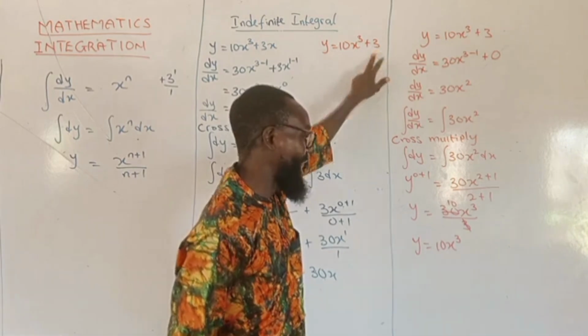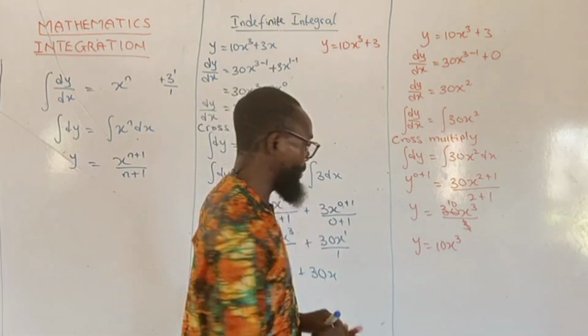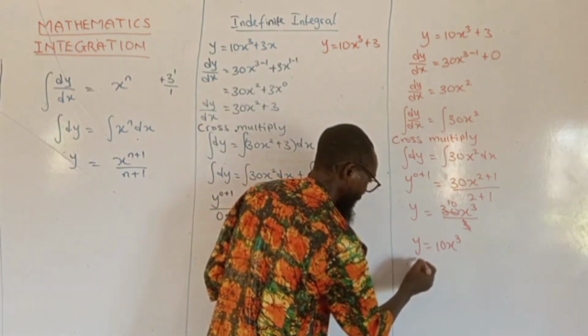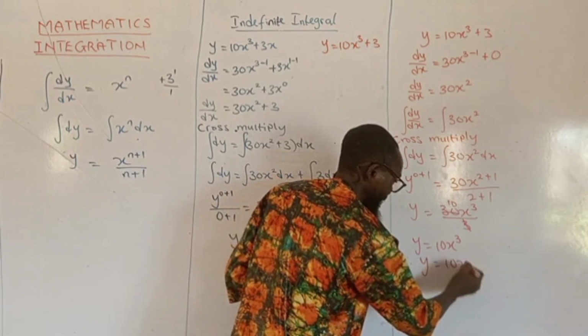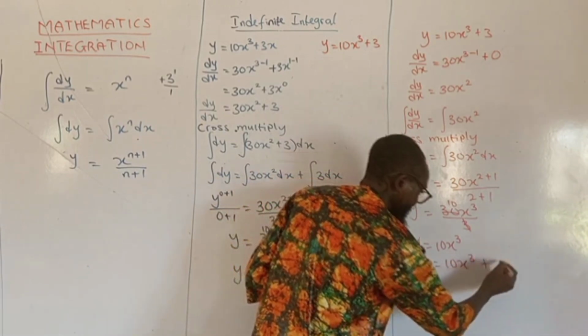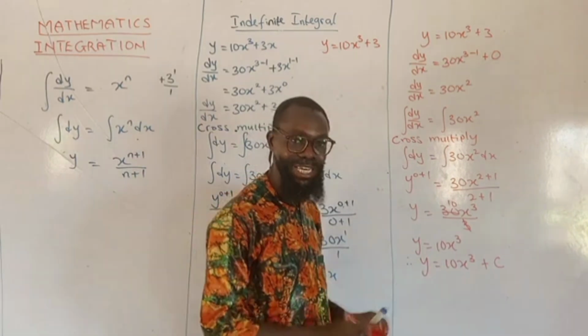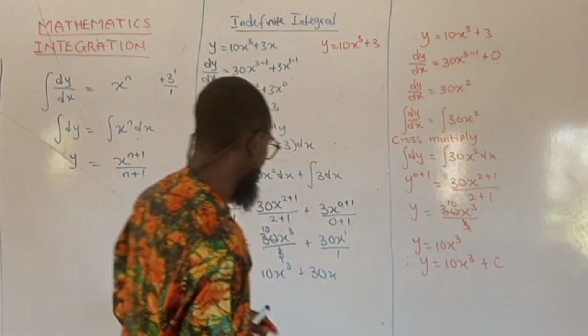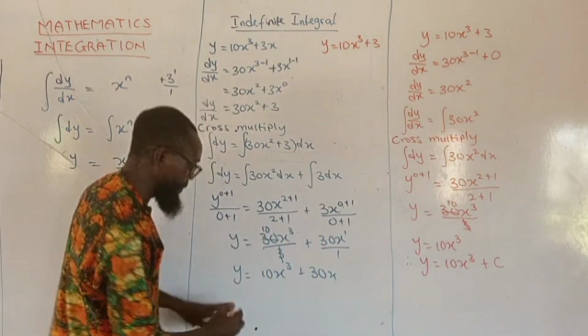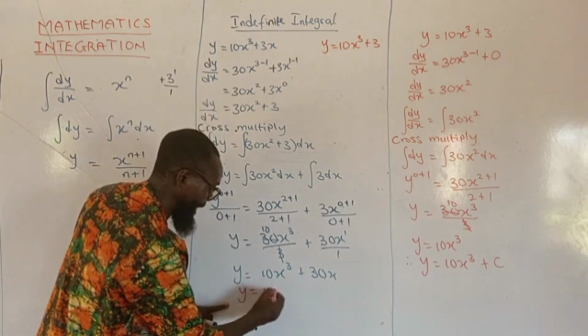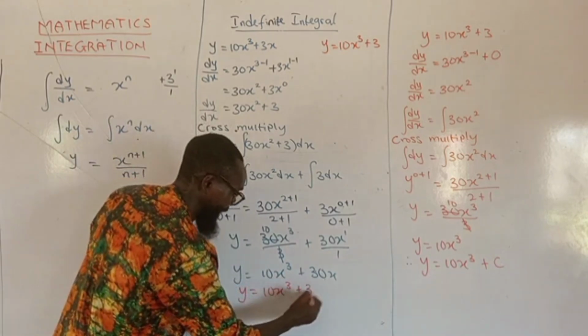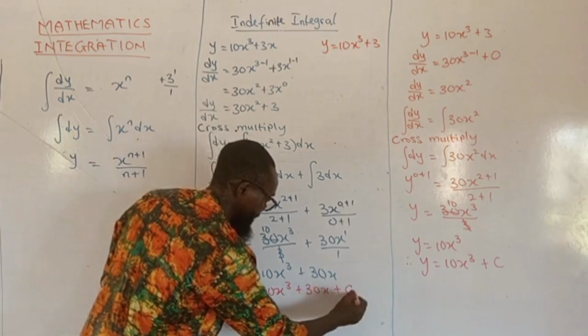So that is why, after integration, we will now put a constant and say y is equal to 10x cubed plus a constant c. Sometimes you see k, meaning a constant. So in this place also, we can say y is equal to 10x cubed plus 3x plus a constant c.